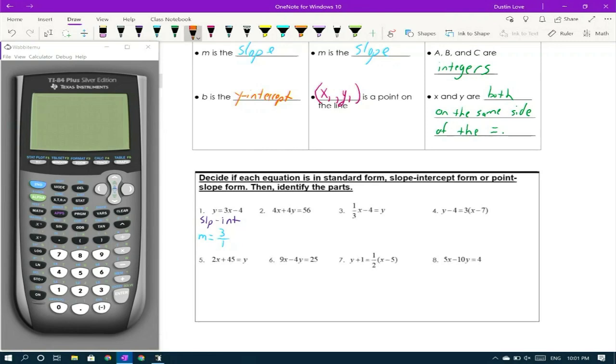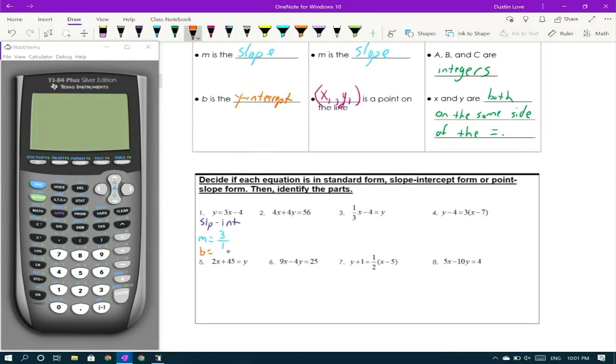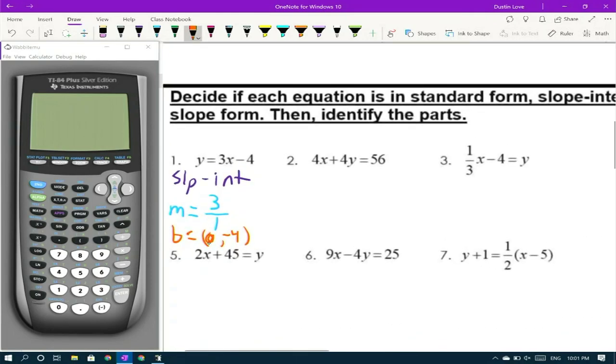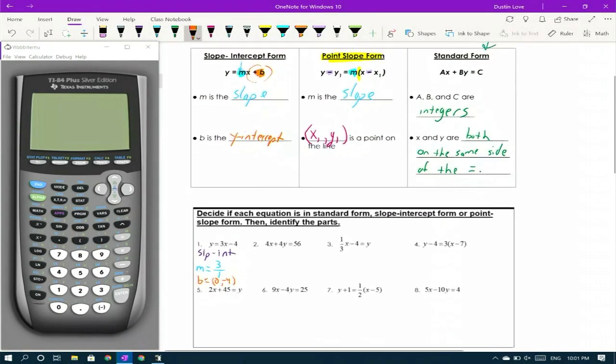Now, the y-intercept is b, and that is going to be the constant, this constant on the end. And so that one is -4, but again, we always write that as a point, so it is (0, -4). Promise that's a 0, it just looks kind of funny because I had to double write it.